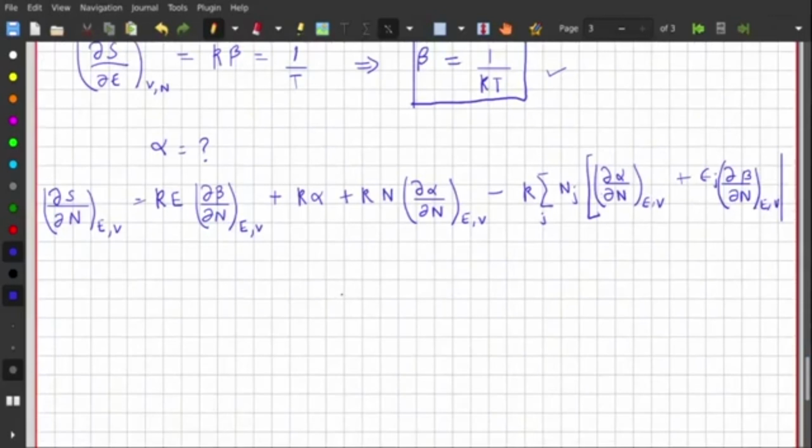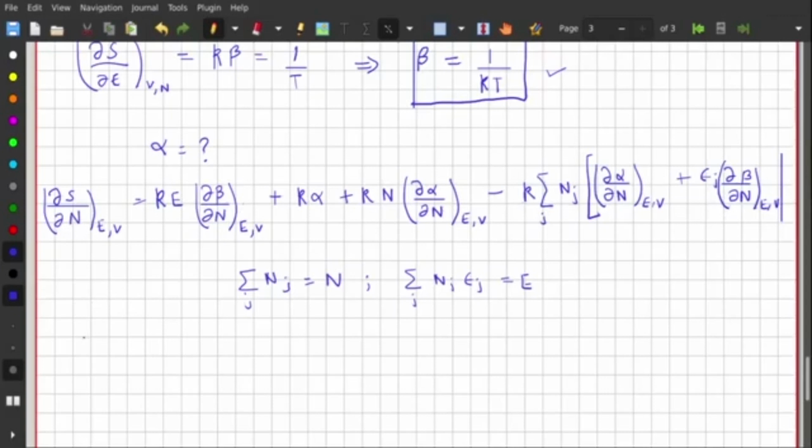Now if we open the brackets, recognize again that sum over j of Nj is the total N, and sum over j of Nj epsilon j is the total energy. So the K N partial alpha partial N at E and V will cancel out this term, and then we will have minus K E partial beta partial N at E and V, which cancels the first term.